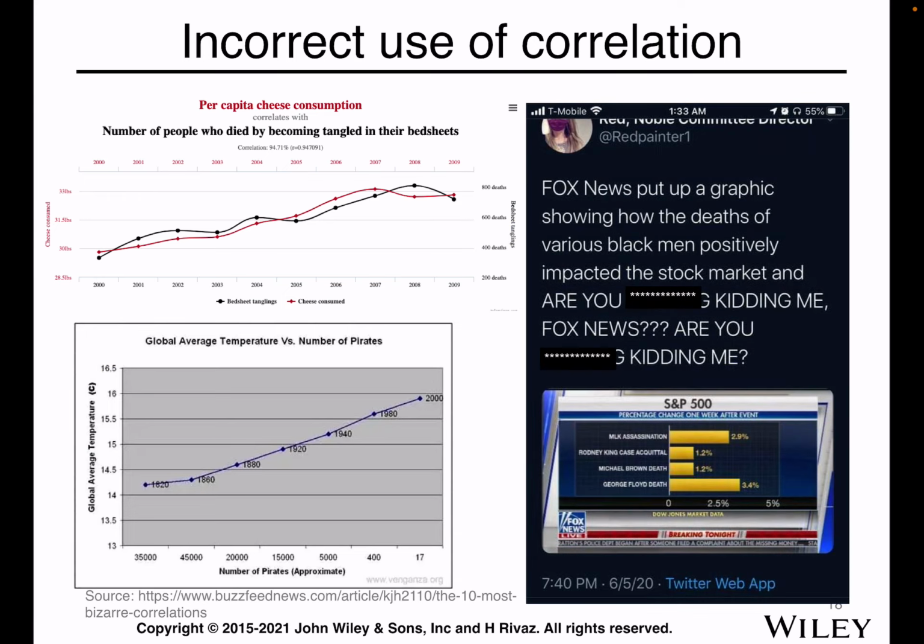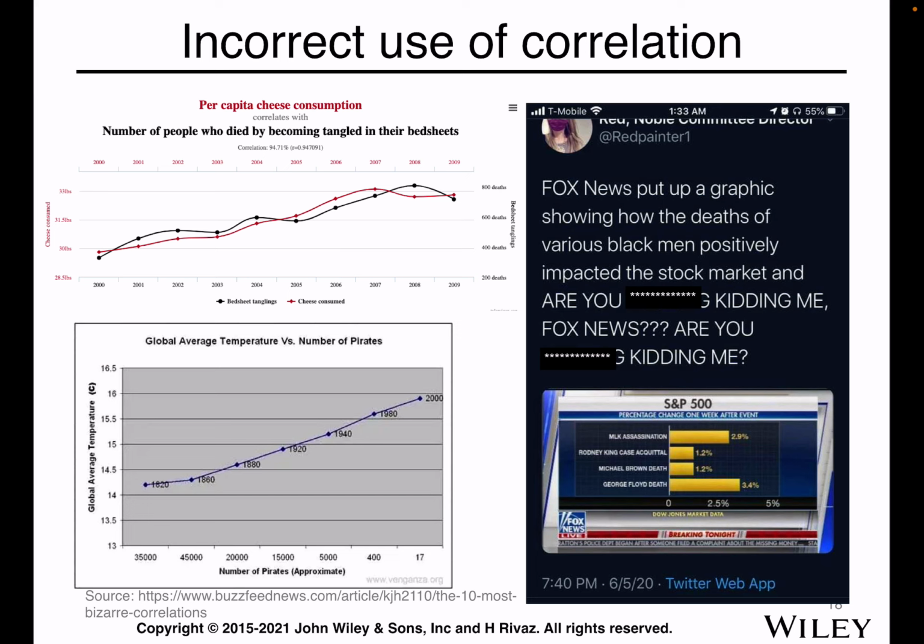Or this other example that I really like. I checked this. This is not fake news. This is actually from Fox News, right? They showed basically statistics where they showed that when black men are assassinated, the stock market goes up, right?